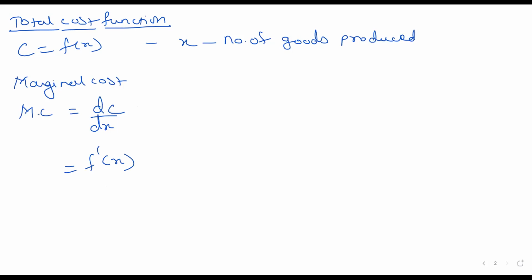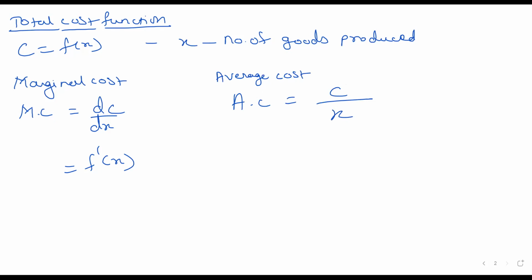Then there is average cost. Average cost is the total cost divided by the total number of production, which will give you average cost. So average cost AC is given as total cost upon x. This is called average cost.